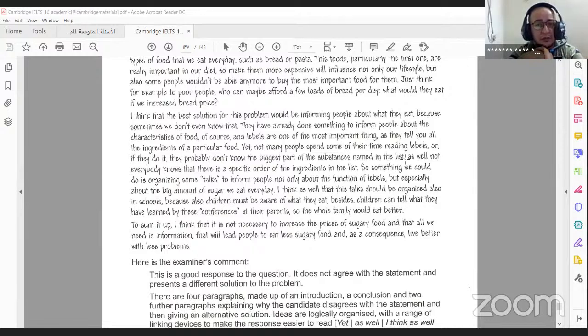Yet, not many people spend some of their time reading labels, or if they do it, they probably don't know the biggest part of the substances named in the list. As well, not everybody knows that there is a specific order of the ingredients in the list. So something we could do is organizing some talks to inform people not only about the function of labels, but especially about the big amount of sugar we eat every day.